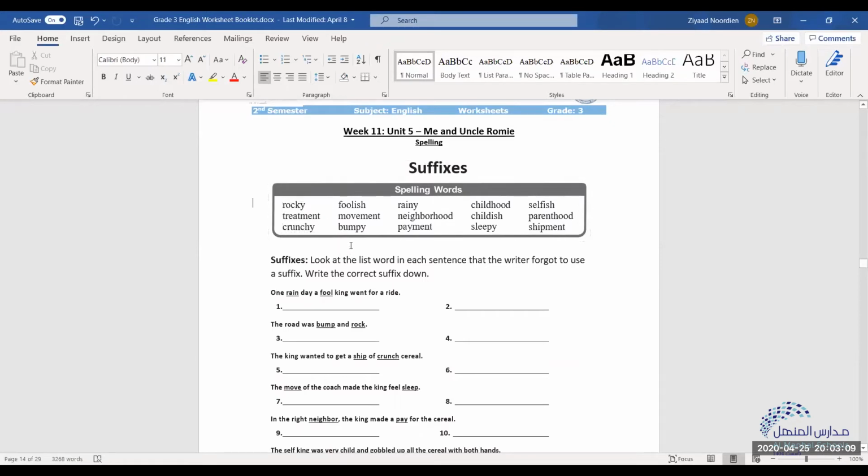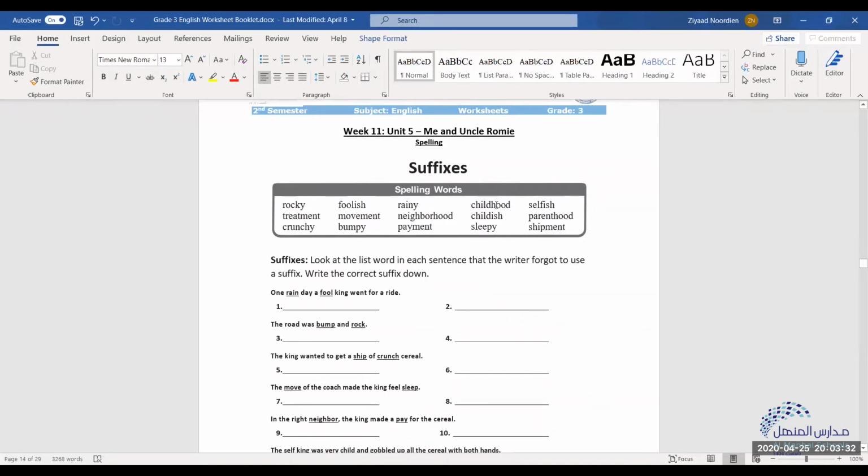If we look at the word foolish, the word fool is a separate word, so we know that ish is the suffix. Same with rainy. If we take the Y away, we've got the word rain. In the word childhood, we have the word child, which is our base word, and the word hood, which can be a word on its own, but in this case, it is a suffix.